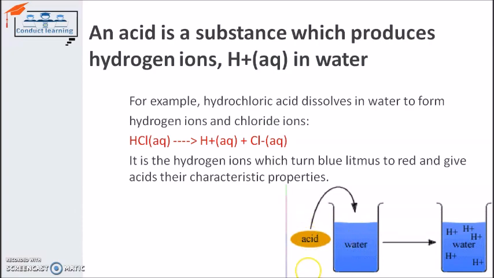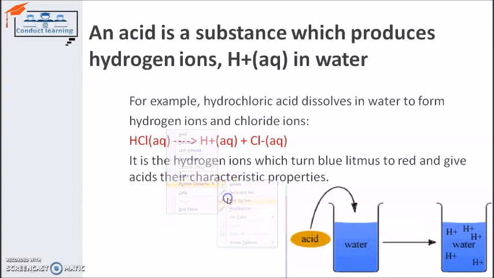But we have to take care of one thing. We have to mix acid in water, not water in acid. If we mix water in acid, it will be a highly exothermic reaction. This will be dangerous, so we have to mix only acid in water. If we mix acid in water, you can see in the second diagram that H plus ions are produced.